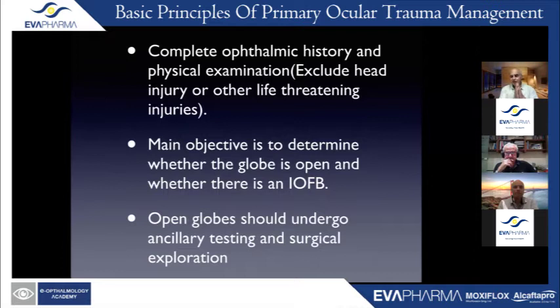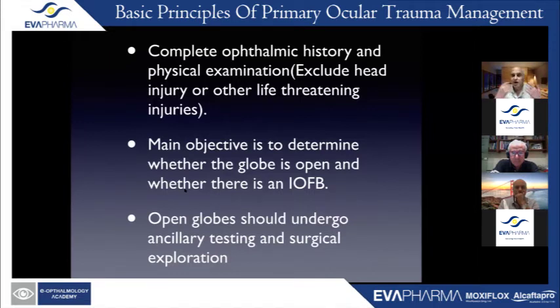You should have a complete ophthalmic history and physical examination. This is very important for the evaluation of the patient, for managing the patient, and for excluding other life-threatening injuries. The main objective is to determine whether the globe is open and whether there is an intraocular foreign body. Open globes should undergo ancillary testing and surgical exploration.